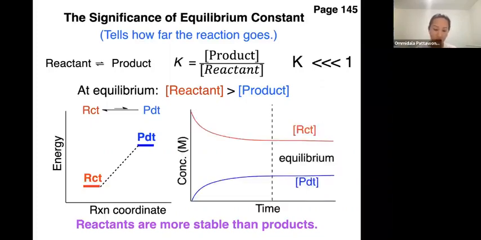If you plot the graph, you are going to observe that the concentration of the reactant would definitely decrease, but not by much, until it remains constant, and eventually product will also be produced until it remains constant. At the dynamic equilibrium period, you are going to see that the concentration of the reactant is greater than that of the product. So again, that indicates that the reactant is more stable than the product.